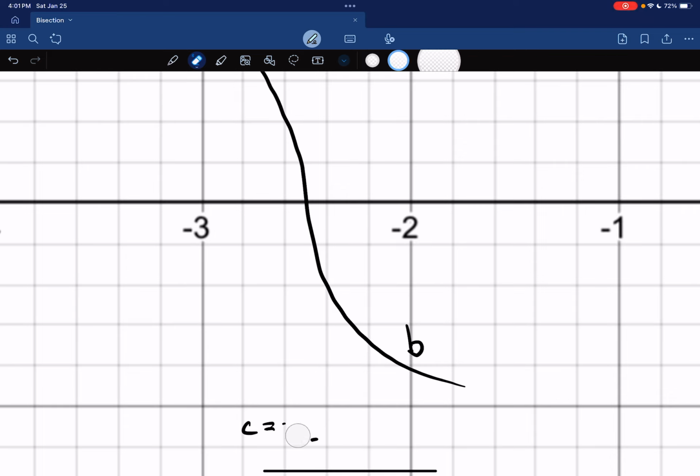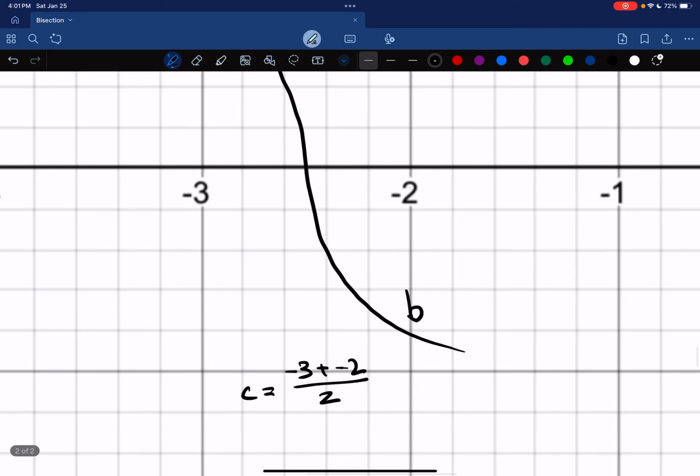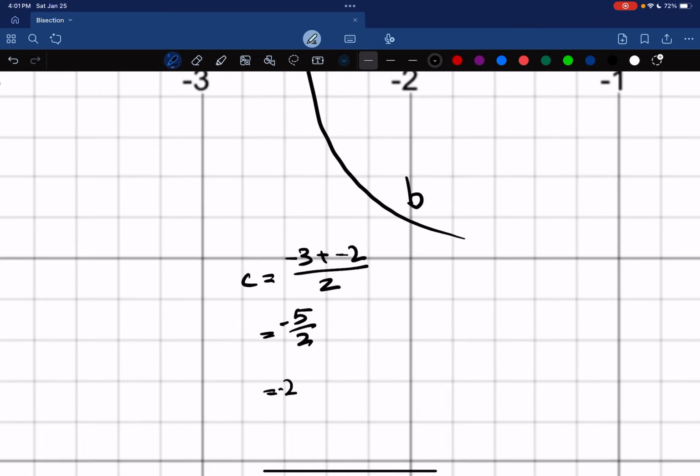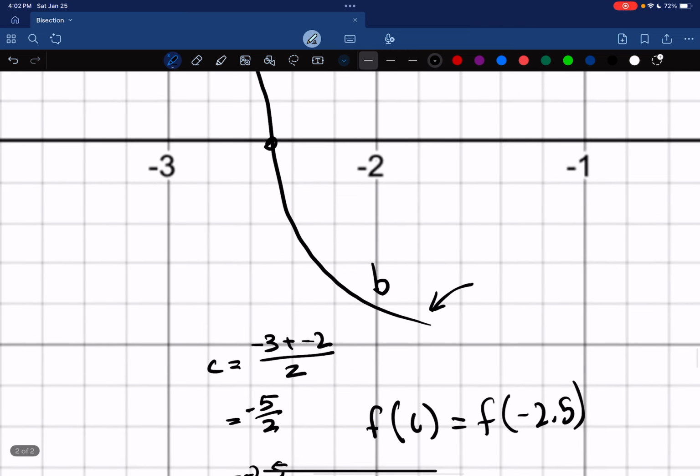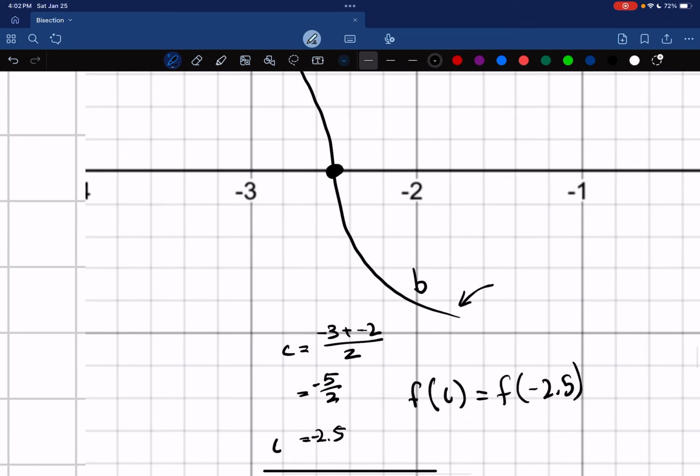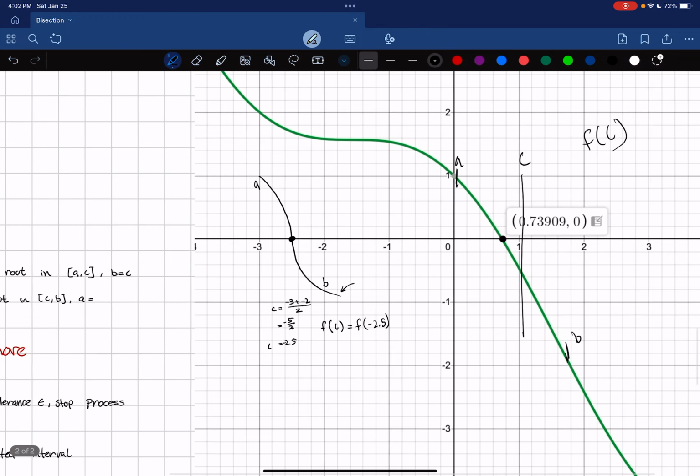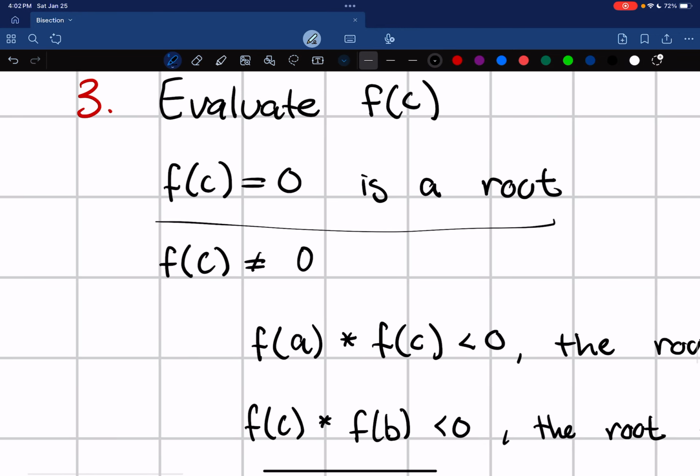So that would be -3 plus -2 divided by 2, which is -5 divided by 2, giving you -2.5. That's my C. If I evaluate this new function I just drew at C, the function at -2.5, I'll get 0, because I just happen to have the root right in the middle of my interval. And when that happens, you'll say, okay, I found a root.